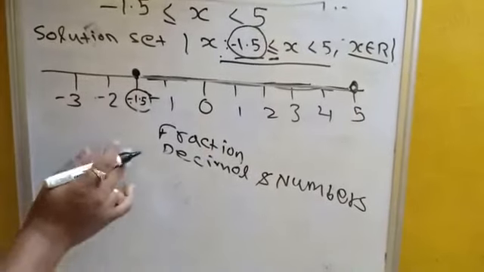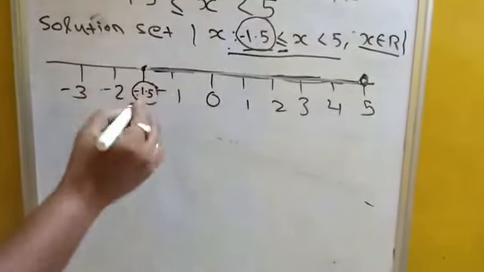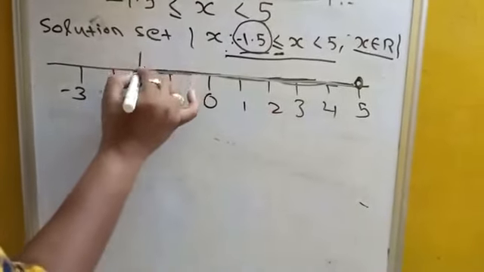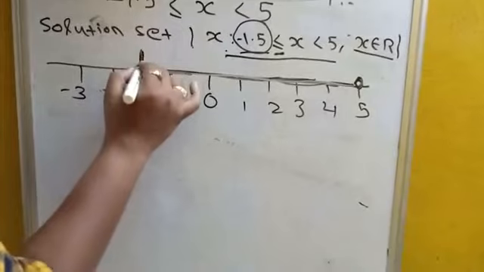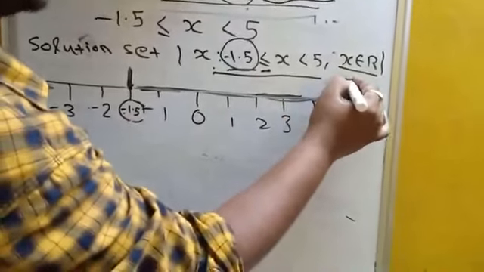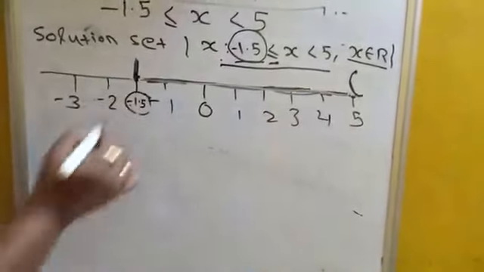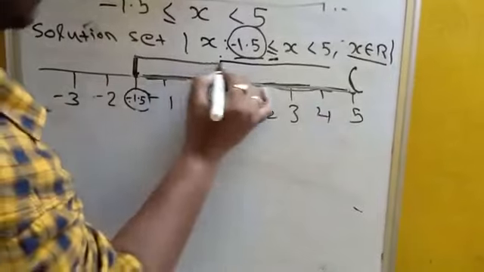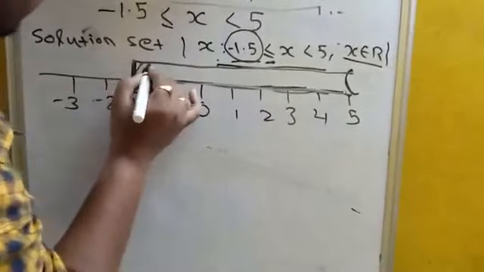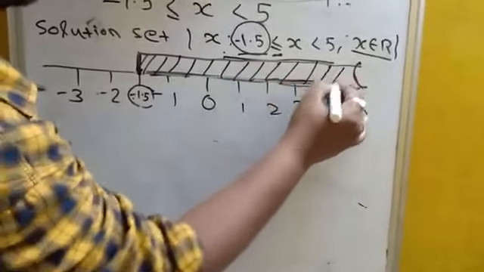Otherwise, you can write it like this also: where equal to is given, you write a straight line, and where not equal to is given, you write a half moon, and you make a line and mark it dark like this.